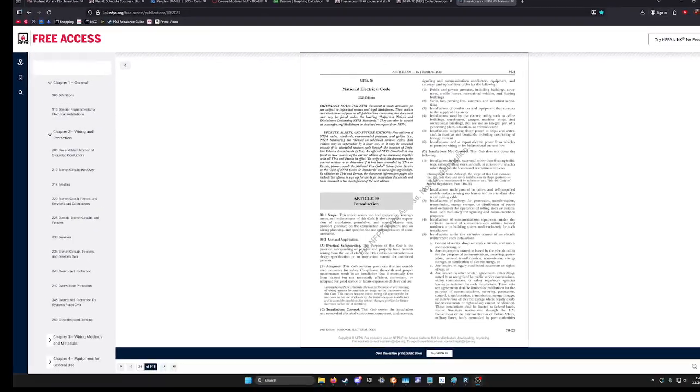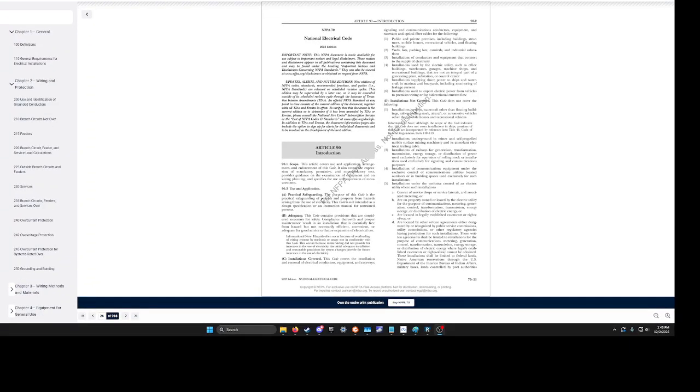You have to make an account, but this allows you to digitally access a PDF copy of the actual NEC's pages. It's not as nice as the one that Troy uses, but it gets the job done in a pinch. So I'm using that because I don't have a good way to take a video of my book itself. So that's what we're rocking with for today.